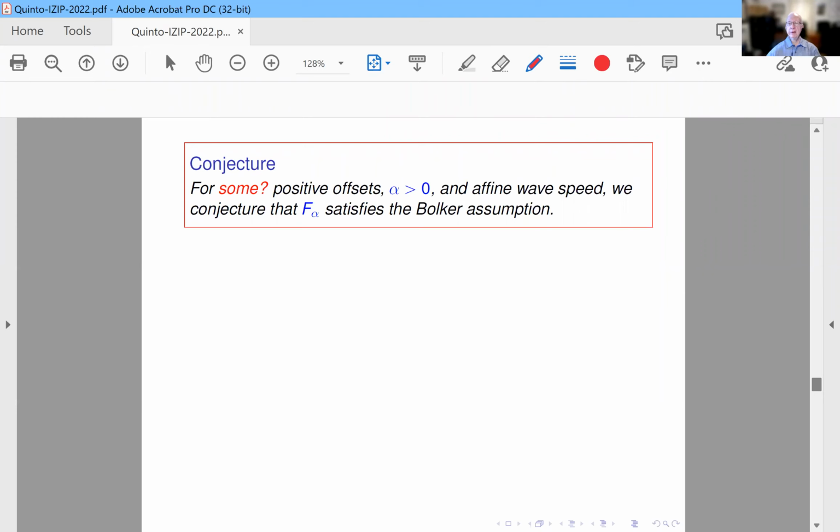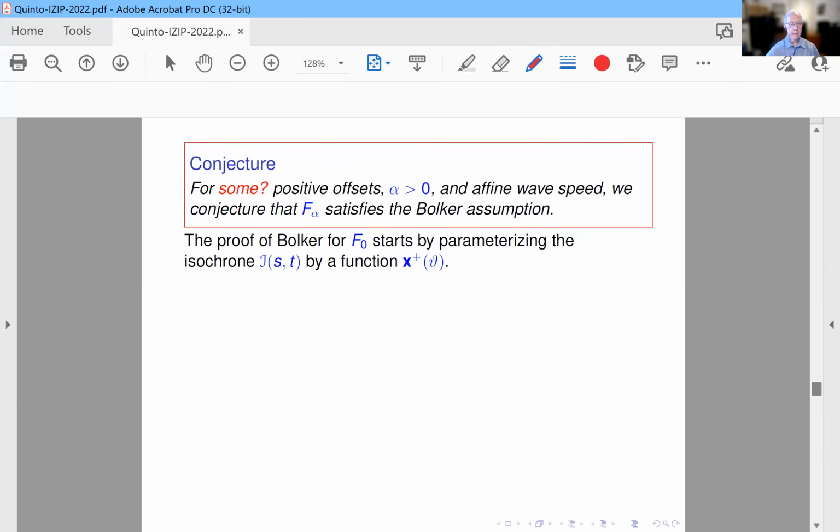Well, here's a conjecture. Maybe for some or all positive offsets in affine wave speed, we conjecture that F alpha satisfies the Volcker assumption. Now, I want to talk about this and explain it, and in the process, we'll outline important parts of the proof for alpha equals 0.